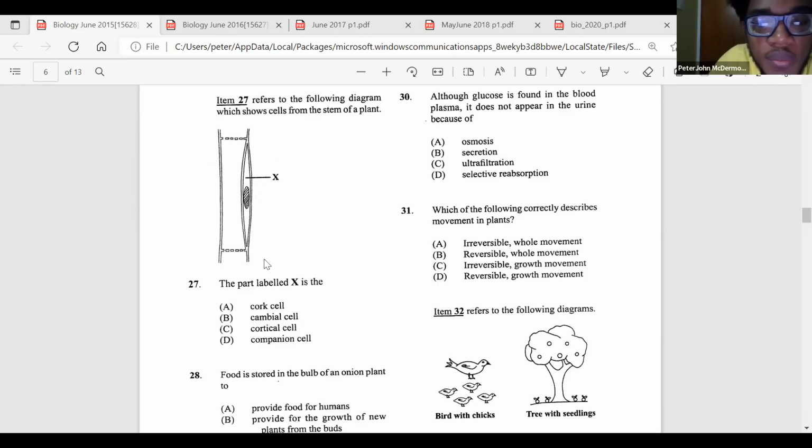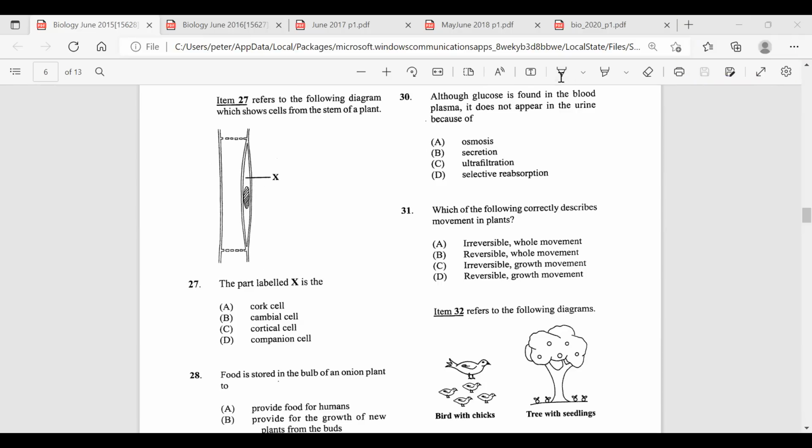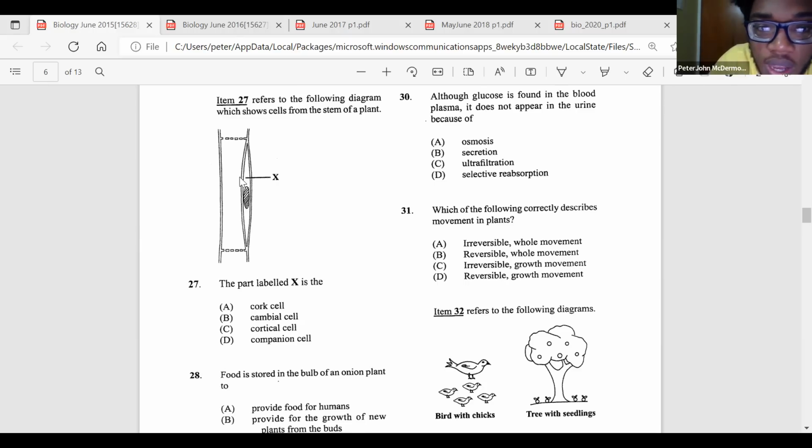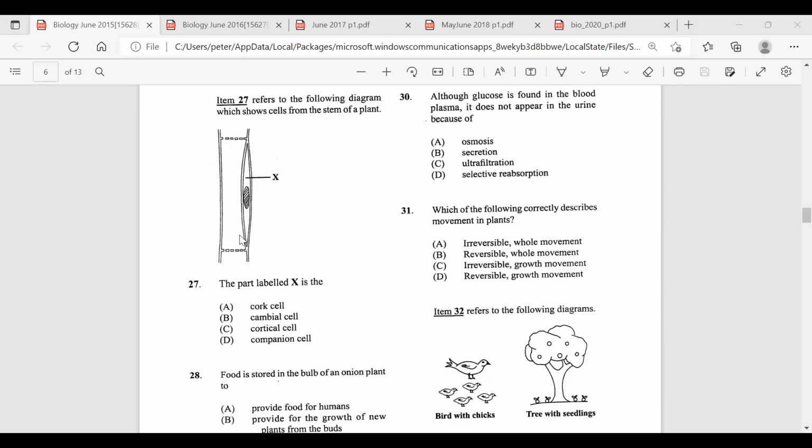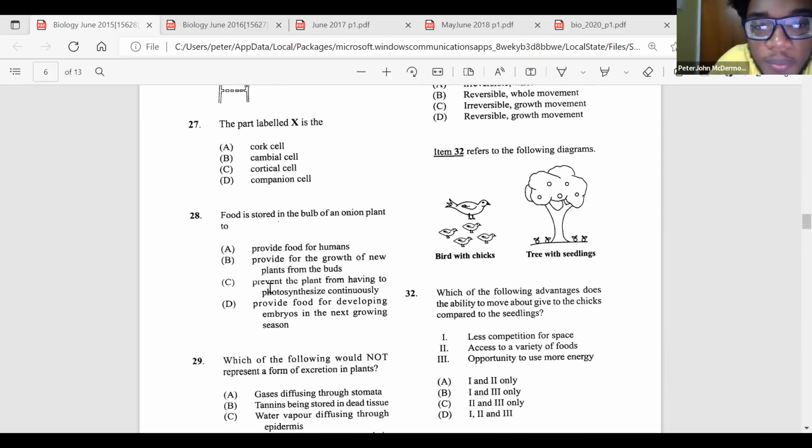What's this in the companion cell? The nucleus. In the phloem itself, are there any mitochondria and nuclei? Sir, I don't think so. Yeah, no, that's why it has a companion cell. Perfect.